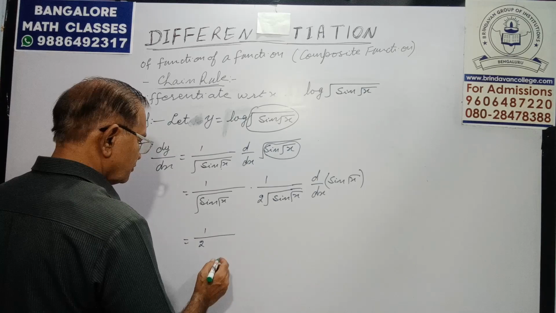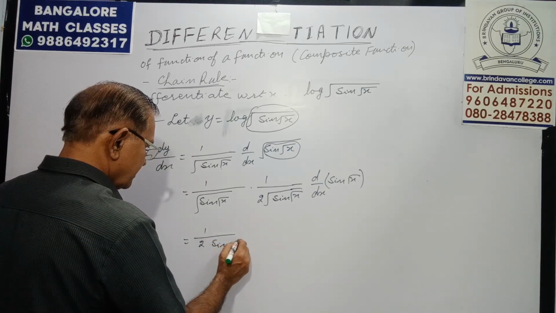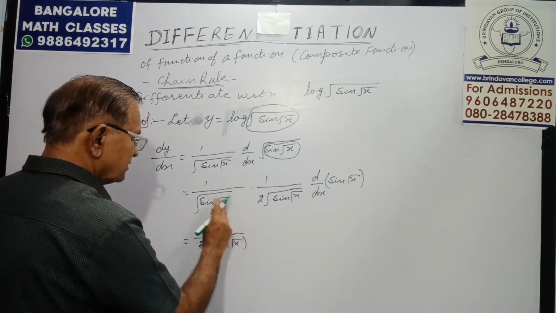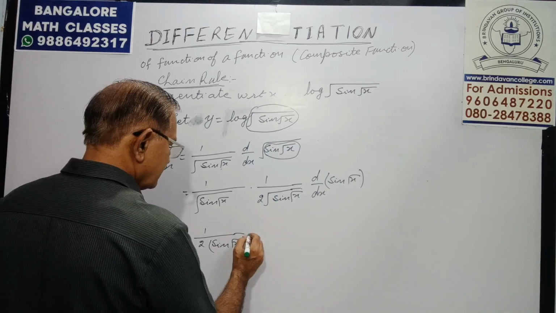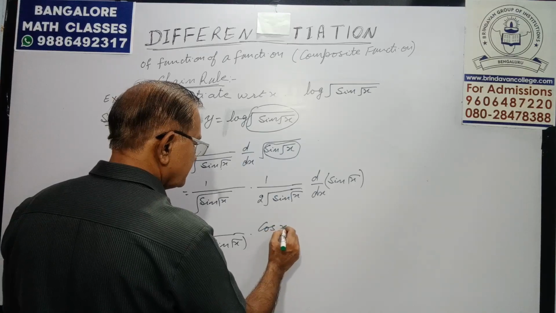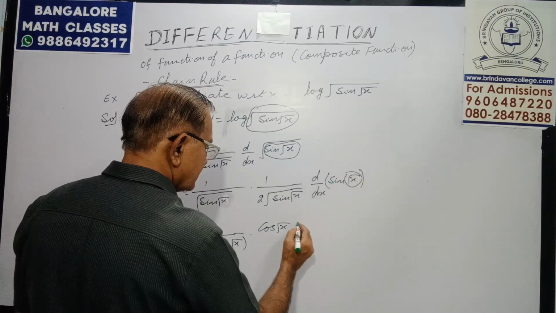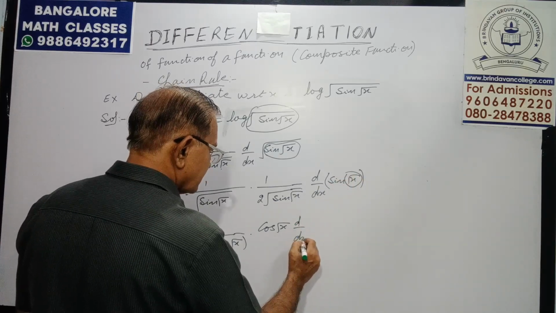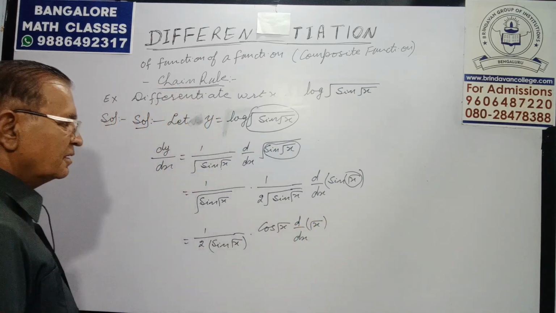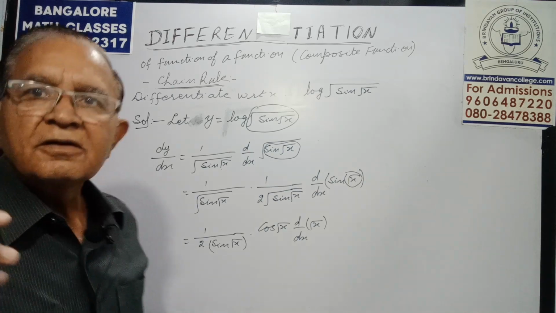So thus it will come out to be, the root we can cancel, sine root x. This root we can cancel. d dx of sine, cos of root x. Now it's not x, d dx of root x. If you do this sum by substitution, how many substitutions will you do? So better go this way.